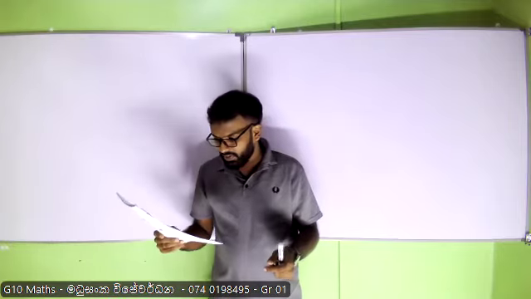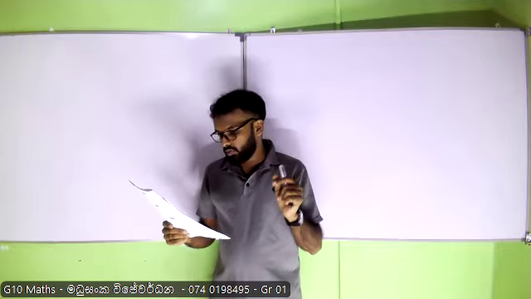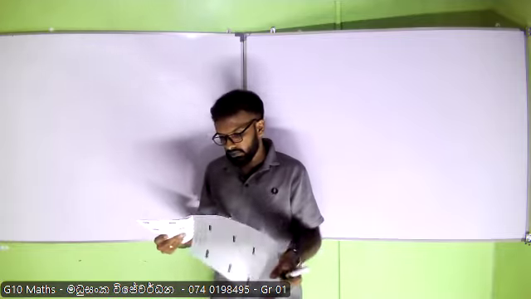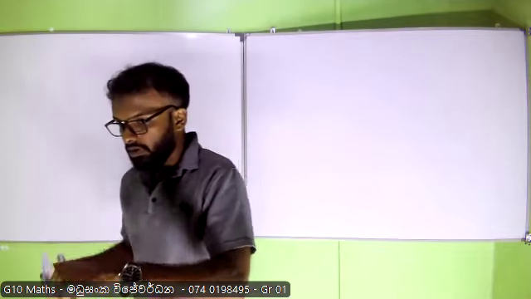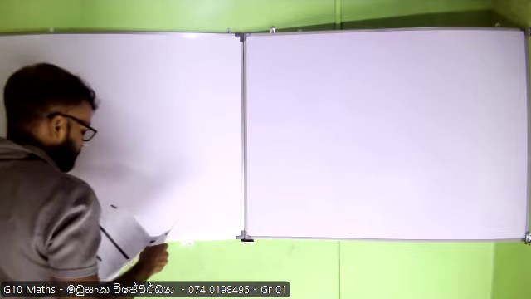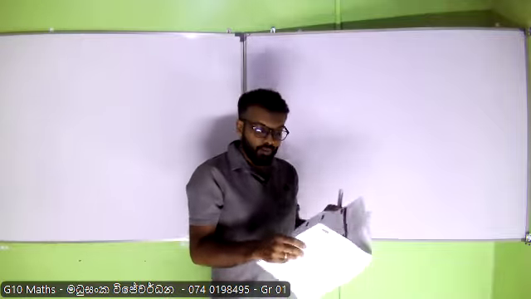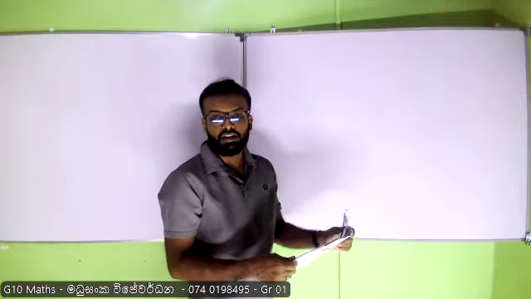So first of all, I will discuss some questions from homework, from our factors of algebraic expressions lesson. Still, you guys are having some sign conversion problems. When you are simplifying a question, you need to get the full answer.